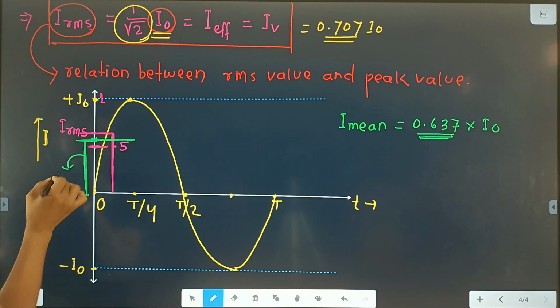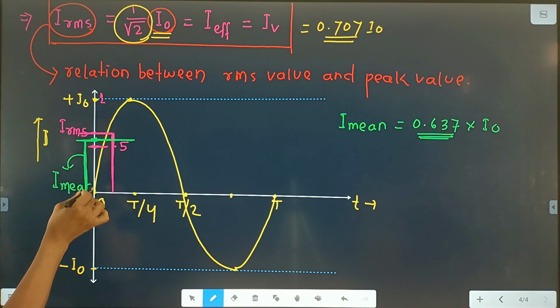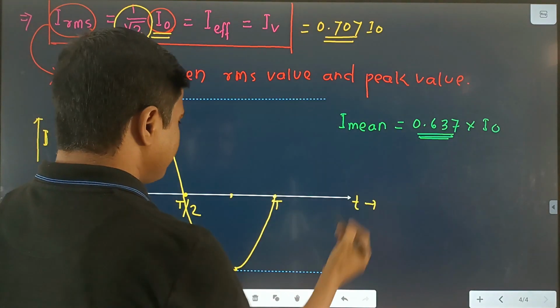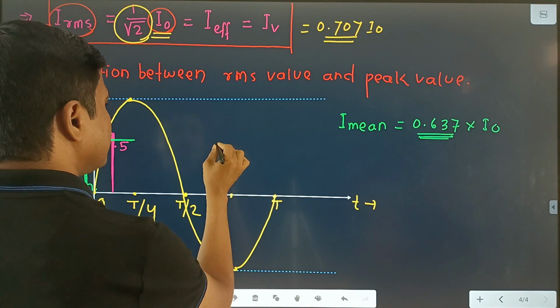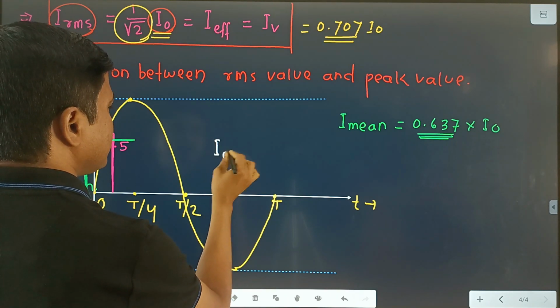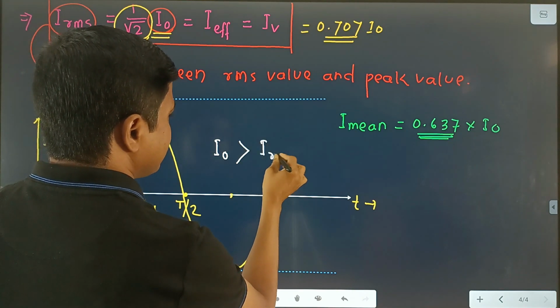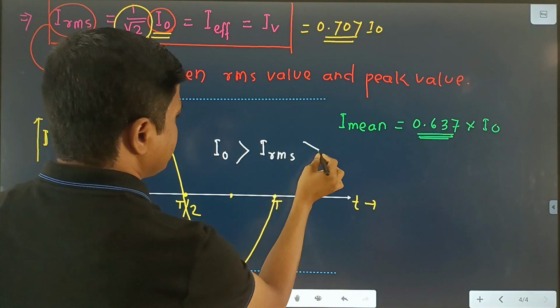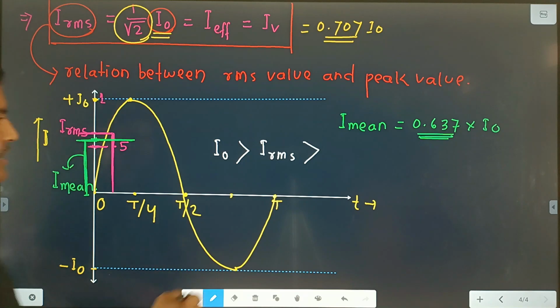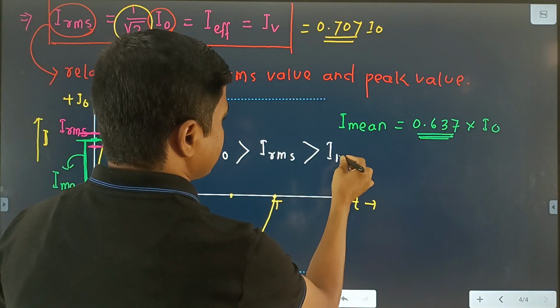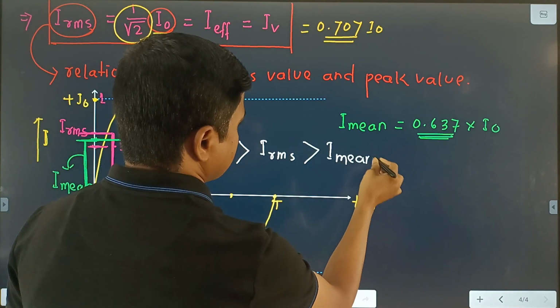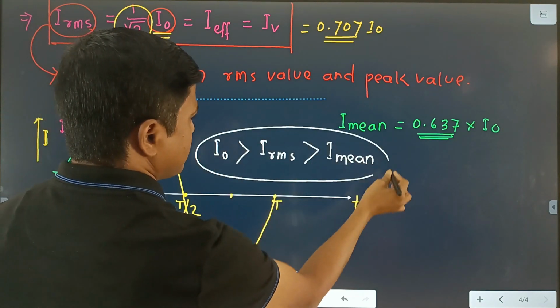This is the I mean. Clear? That means finally we get the relation: the peak value, which is the maximum, is greater than the root mean square value, we write IRMS, and the root mean square value is greater than the mean value, we write I mean. Clear?